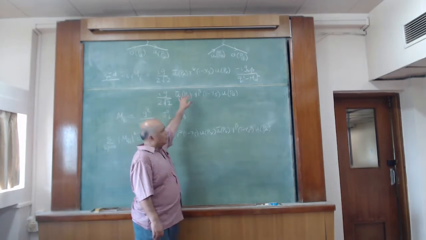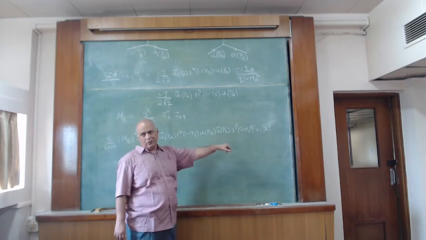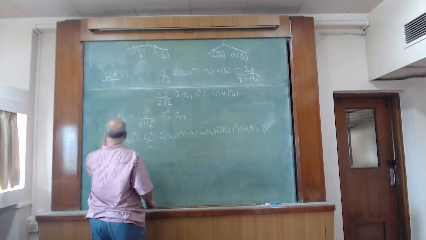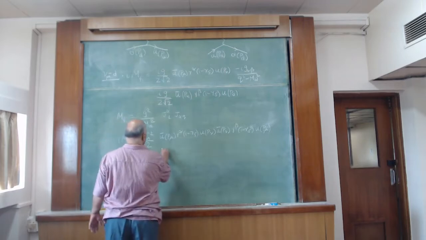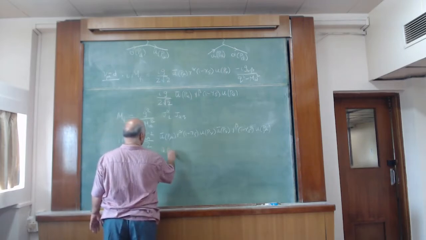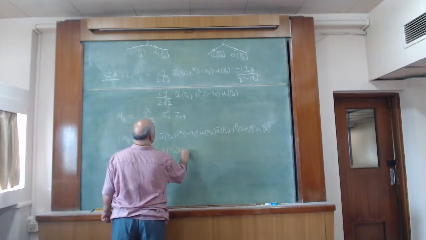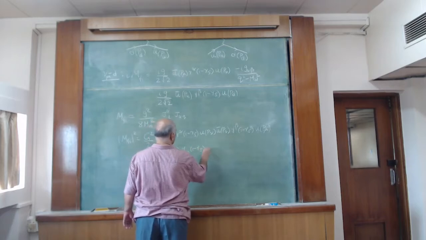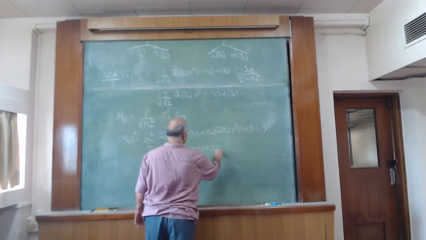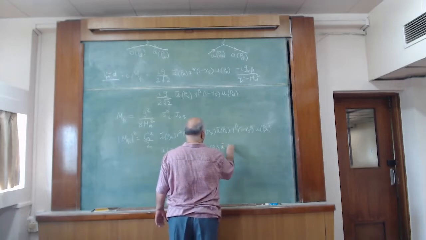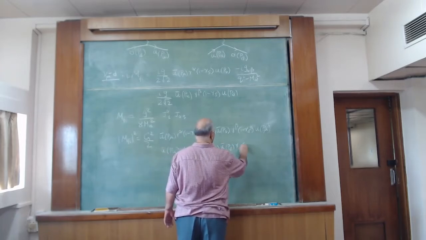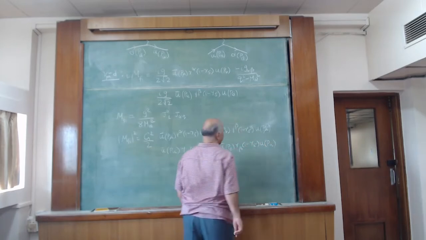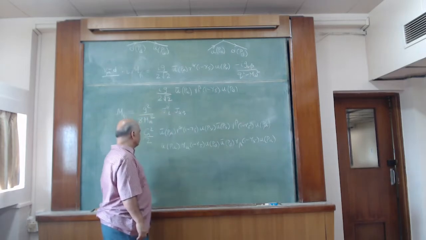And this times its complex conjugate will look exactly like this. The sum over spins I will put later. So U bar P U gamma alpha 1 minus gamma 5 U bar PB gamma beta 1 minus gamma 5.